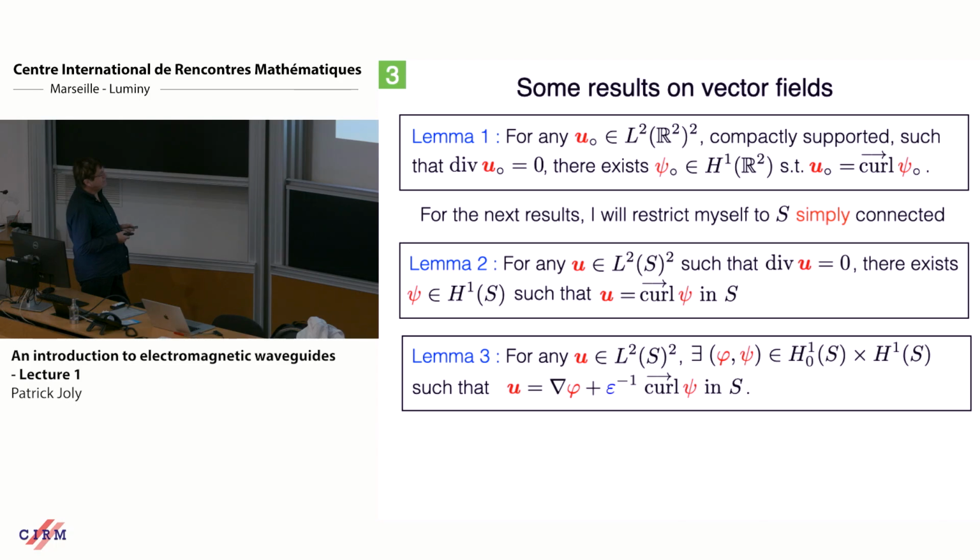And as a consequence, we have the so-called Helmholtz decomposition of vector fields: any L2 vector field can be decomposed as the sum of a gradient plus epsilon minus 1 times a vector curl. Epsilon minus 1 is just for the needs of our application.